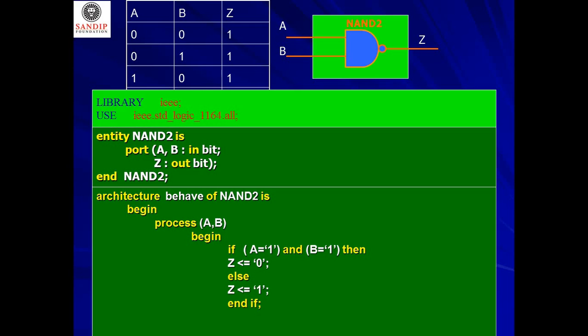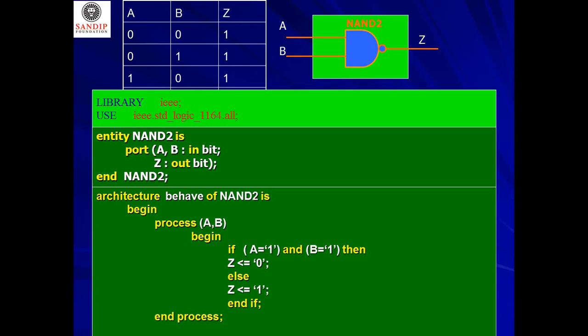End if. Every statement should end with the word end. Every process should end with end process, and every architecture should end with end and the architecture name. In this way we can write the architecture for NAND2.